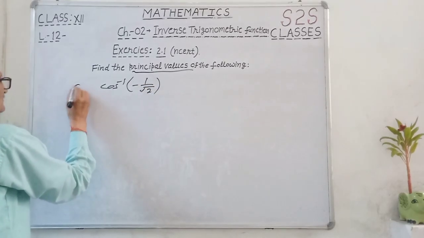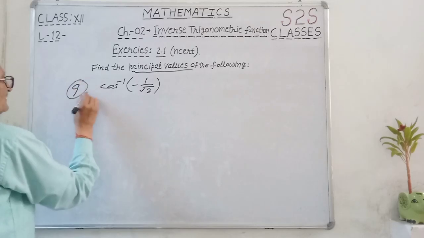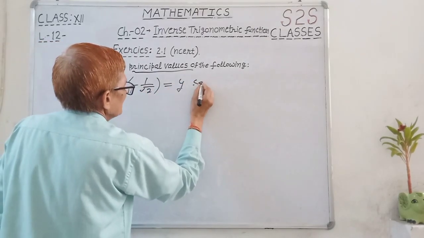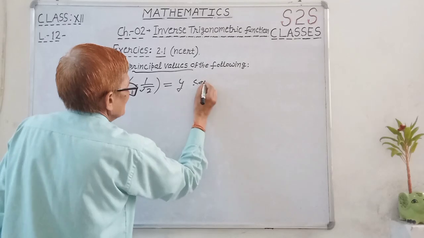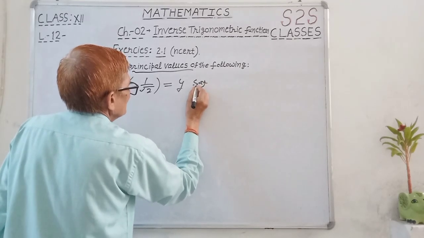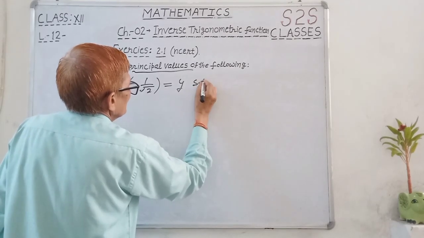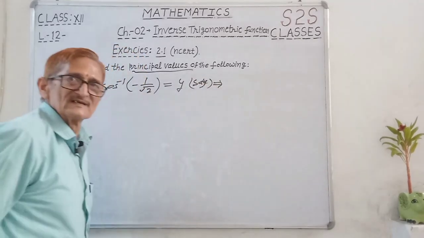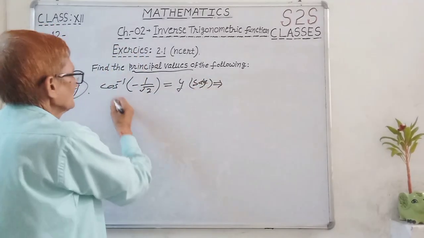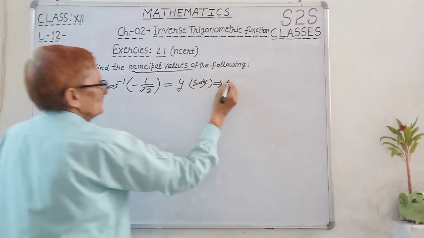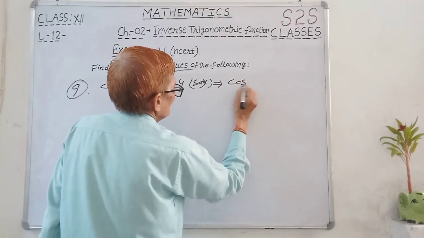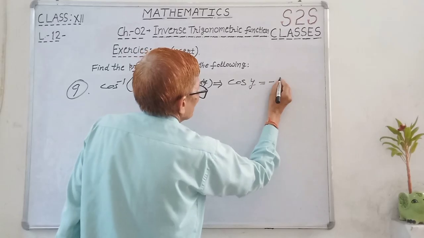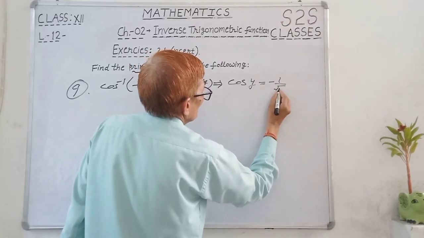Now let it be y. Then this implies cos of y is equal to minus 1 upon root 2.